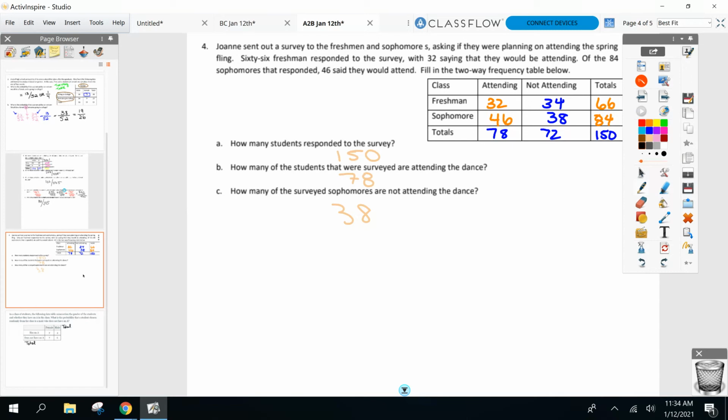Okay. So to get the 34, I did 66 minus 32 to get to the 34. I think I just didn't write 66. Well, do you see where I got it from the problem, and do you see why I put it where I put it in the table, Caroline? Yeah. Okay. Other things. All right. Yep.